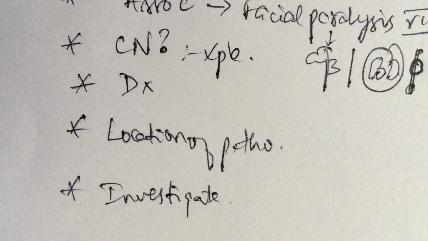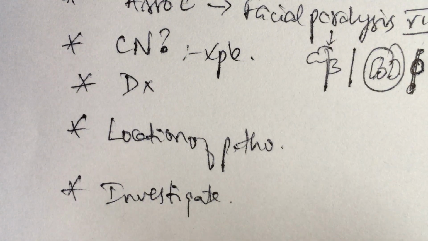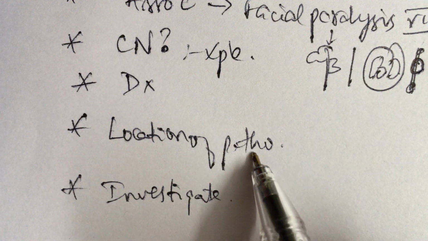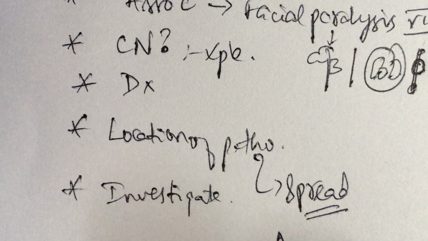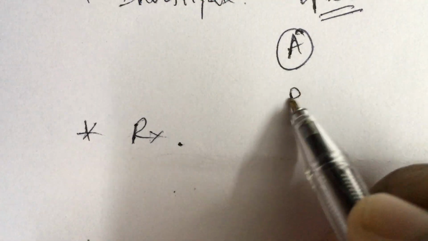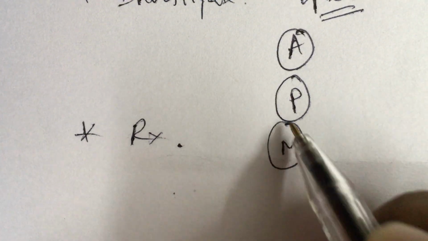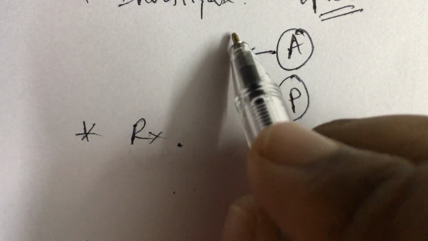So, specifically speaking, where all will it spread? The pathology spreads anteriorly. It also will be able to spread posteriorly. It also will be able to spread medially. So anteriorly, if it is planning to spread, so this is the ear.